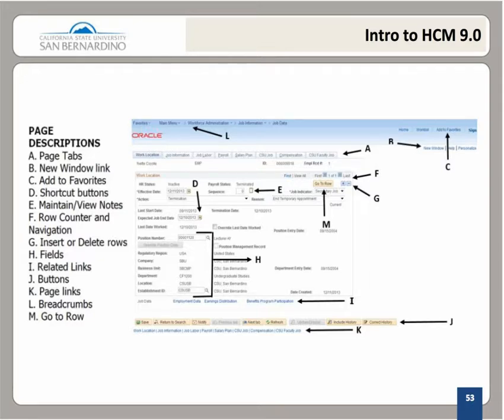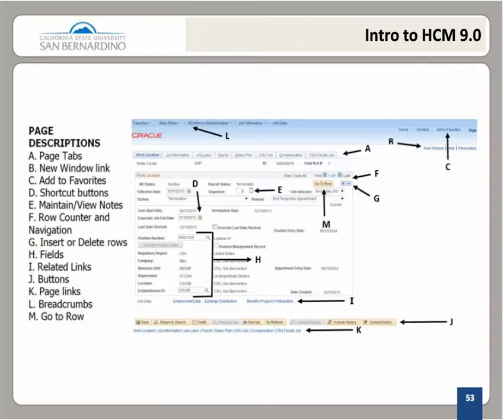C. Favorites are server-based, providing the ability to store and name user favorites based on login to the database. D. Shortcut buttons indicate various functions, such as searching for a value using the lookup page and selecting a date from the calendar page. E. Notepad allows for adding notes to records.